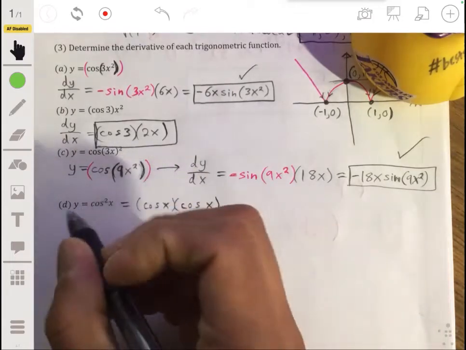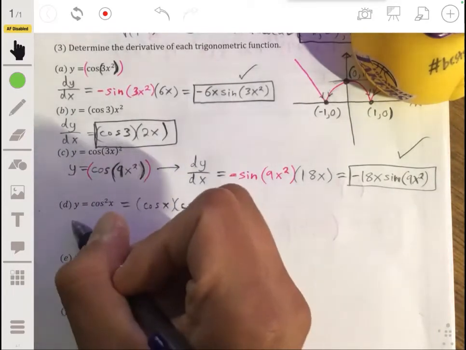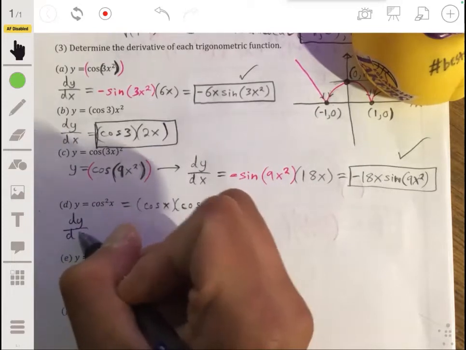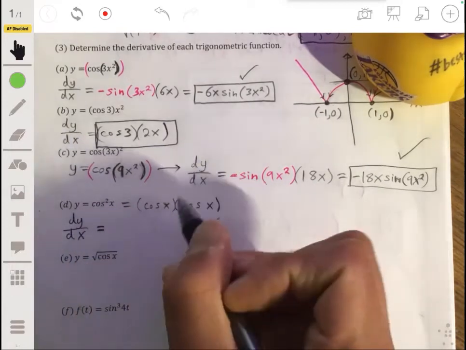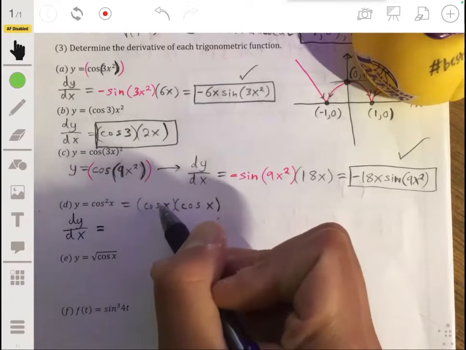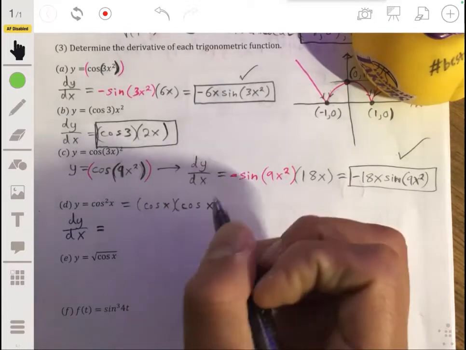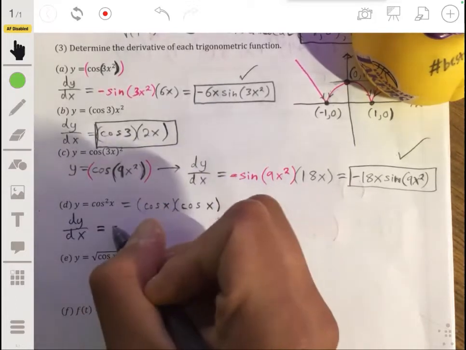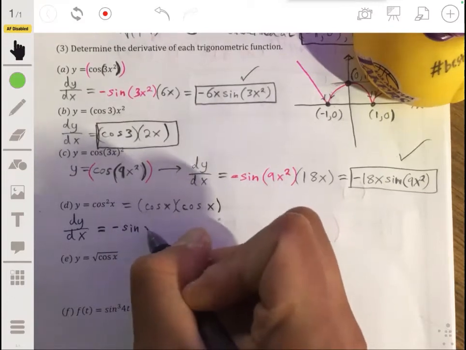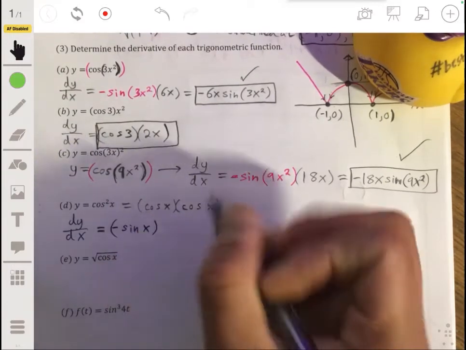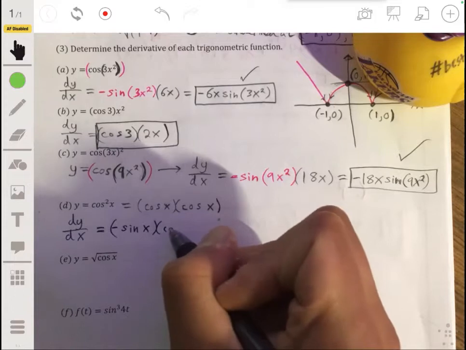So what we're going to have is that dy/dx. Let's first take the derivative of the first one, cosine of x, which we know is equal to negative sine of x. Leave that second cosine of x as constant.